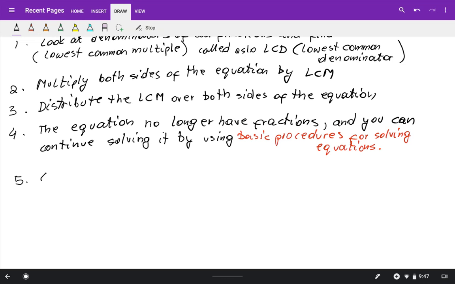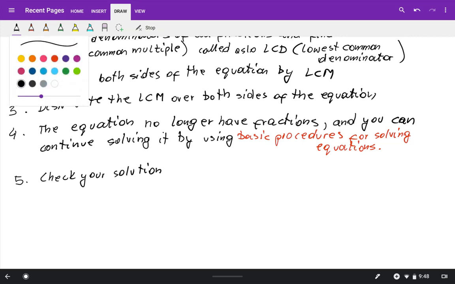And number 5, check your solution. Okay, so there are 5 steps to solve equations with fractions.